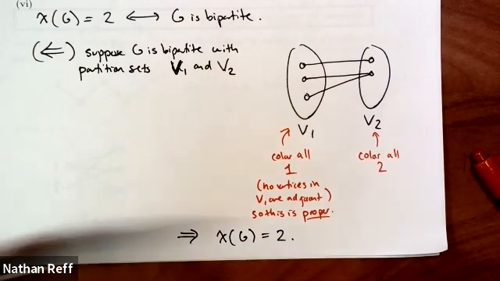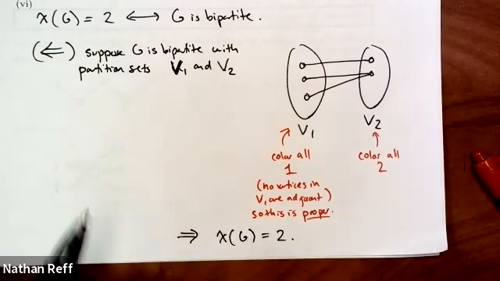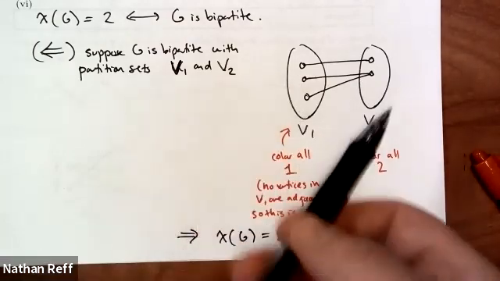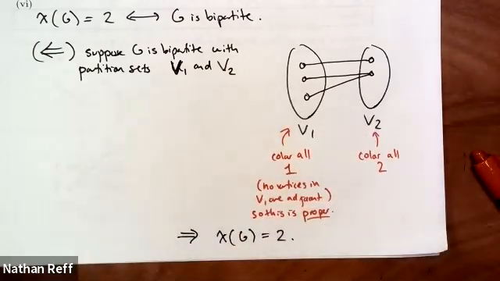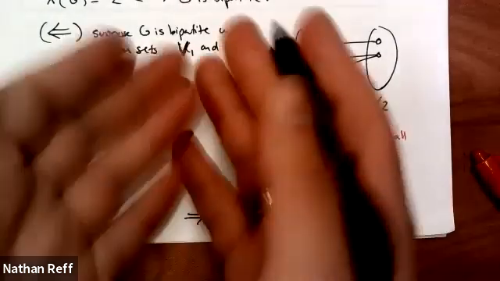Okay, what about going the other way? Well, if the chromatic number is 2, then you could do this exact same thing, because you can do the color class thing. You'd have 2 color classes, and therefore you're partitioning the graph into 2 partitions, and it's proper, so therefore it'll be bipartite.